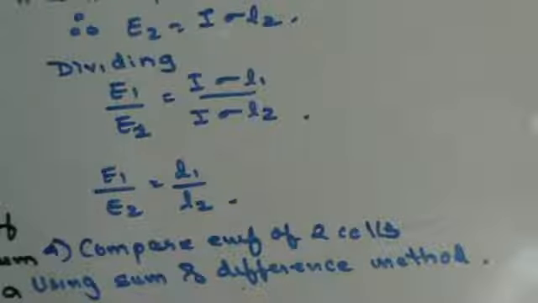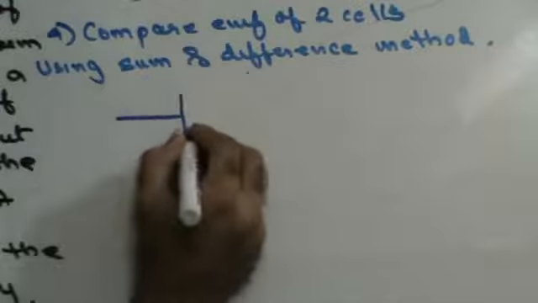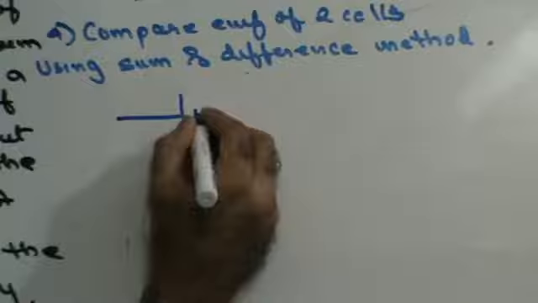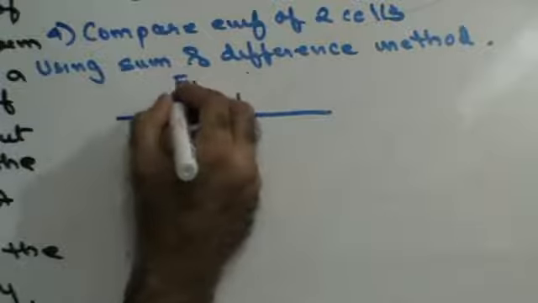Now in this method, instead of using the two cells separately, the two cells are connected in such a manner either to assist each other or to negate each other. So I could connect the two cells where I've connected E1 in the potentiometer wire. I could have connected E1 and E2 in this manner. This is E1 and this is E2.